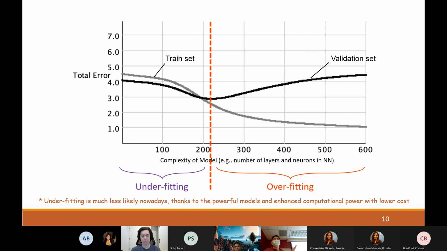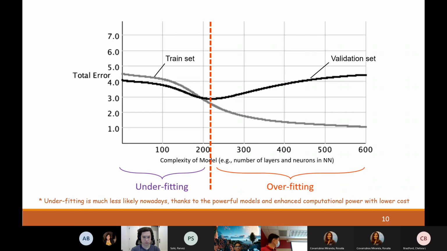So this is, let's say, the misclassification rate. Out of 100 cases, how many mistakes is the model committing? And the two lines refer to the training set as well as the validation set. The training set is the data the model is trained on, whereas the validation set is not exposed to the model at all.